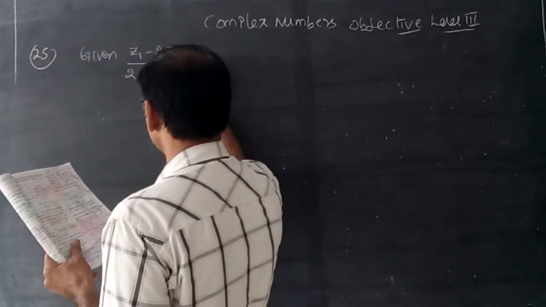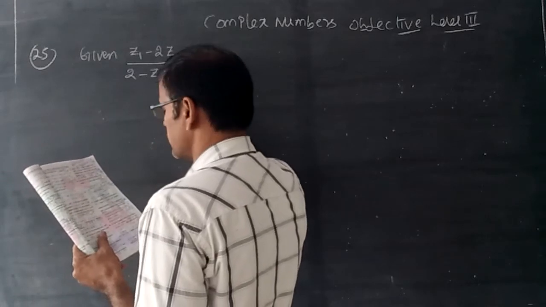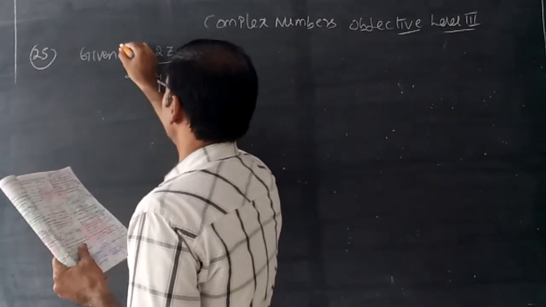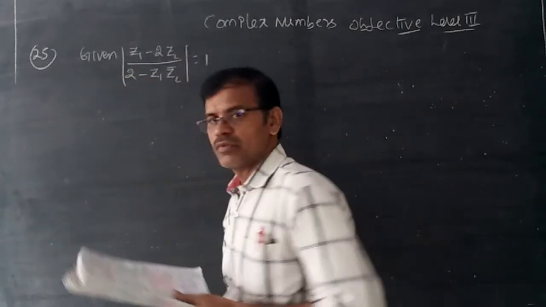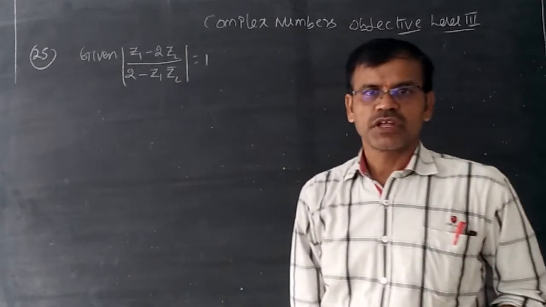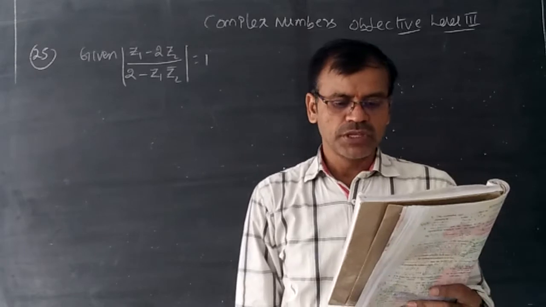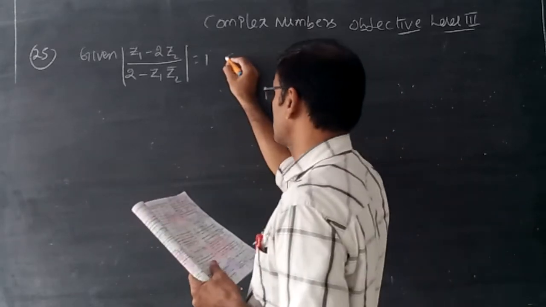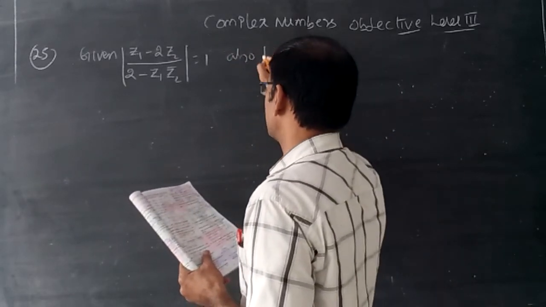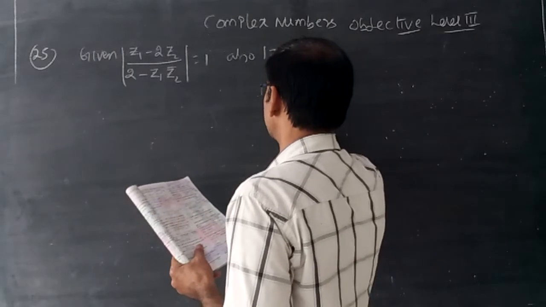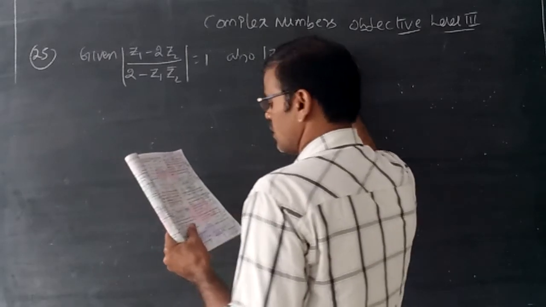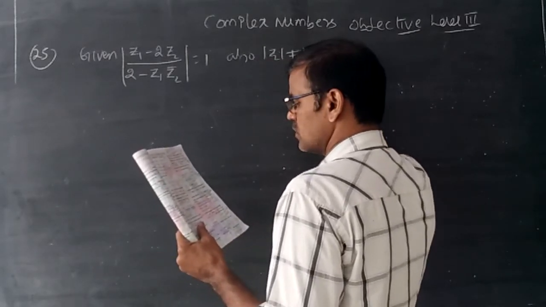Given Z1 minus 2Z2 by 2 minus Z1 Z2 bar, over modulus is equal to 1. Whenever unimodular is given, we can understand that the modulus of the complex number is 1. And Z2 is not unimodular. Also we are given that modulus of Z2 is not equal to 1.